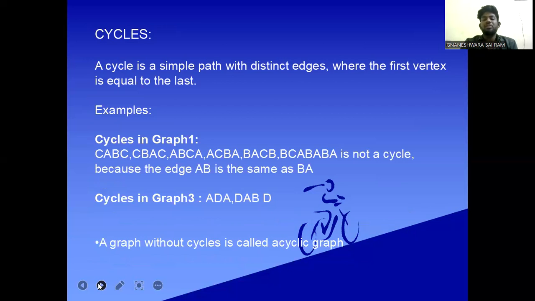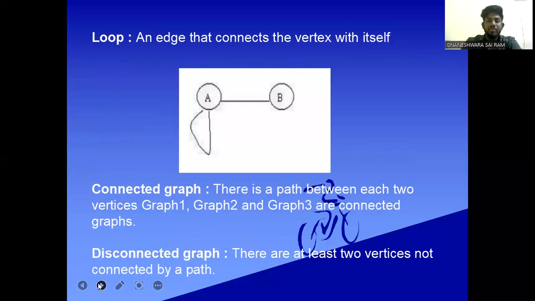BABA is not a cycle because the edge AB is the same as BA. Cycles in graph 3: ADA, DABD. A graph without cycles is called an acyclic graph. Loop: an edge that connects a vertex with itself is called a loop.